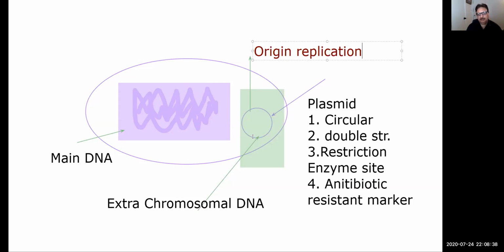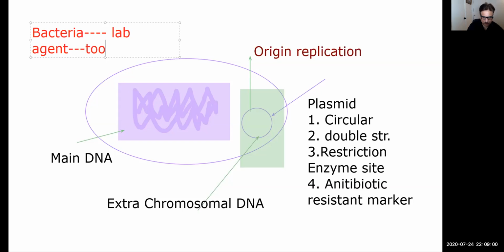is an important thing. But the most important thing of this chapter is that here scientists have developed bacteria as a lab agent, as a lab tool, to produce therapeutic molecules such as vaccines, such as insulin.